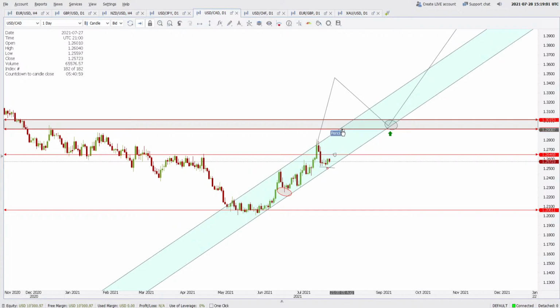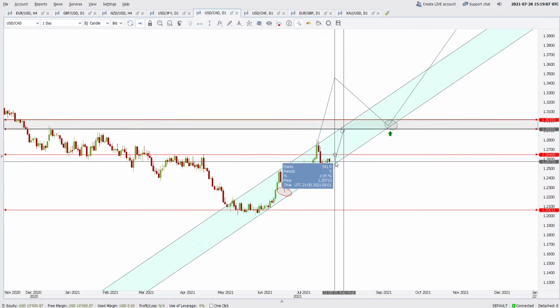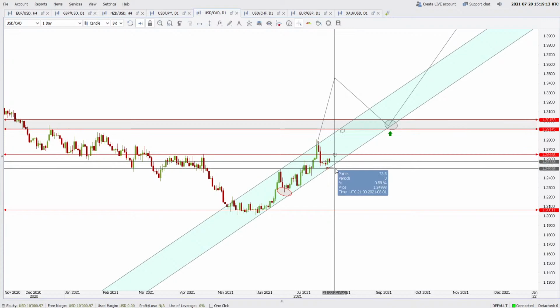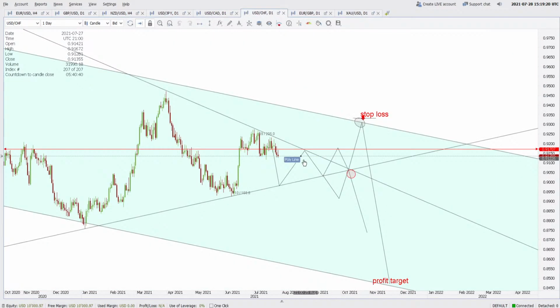So in case you are targeting this area at around the 1.2915 region, your approximate points that you will be targeting is 341 with a stop loss of around 70, which is again a good risk to reward ratio.